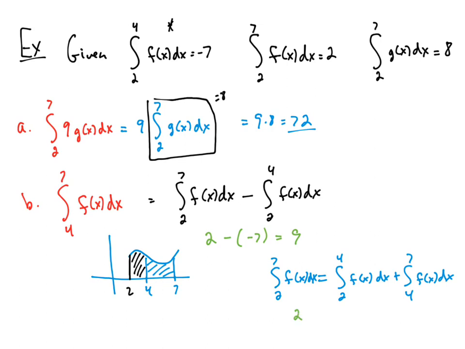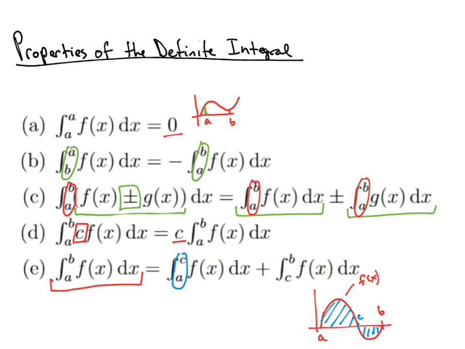So the integral from 2 to 4 is negative 7. So what is this last integral? That is going to be 9 is equal to what we're looking for. And this is using this last property down here: if we have an integral over some interval a to b, we could split that up into two separate intervals.